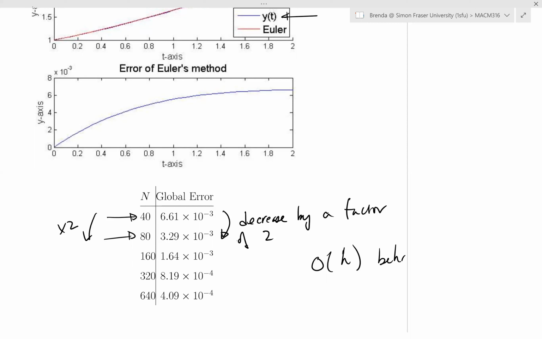That's exactly what we found for the global error, order h.